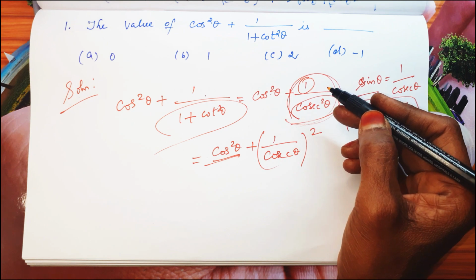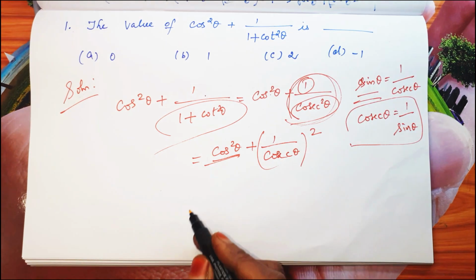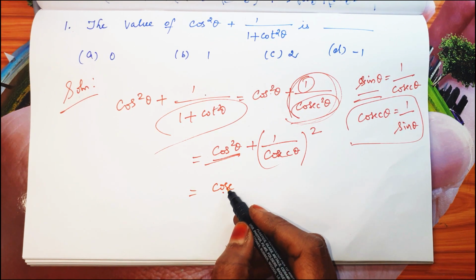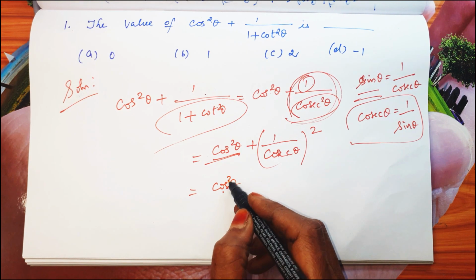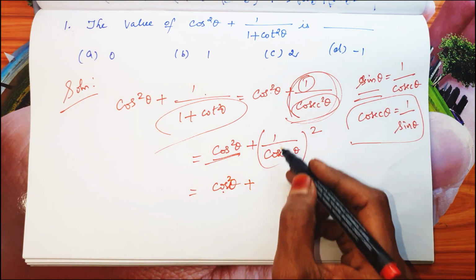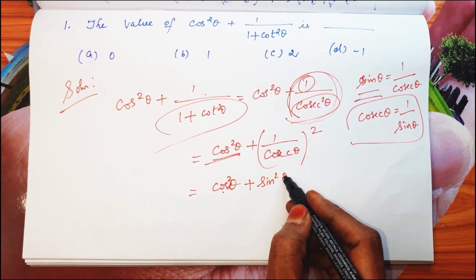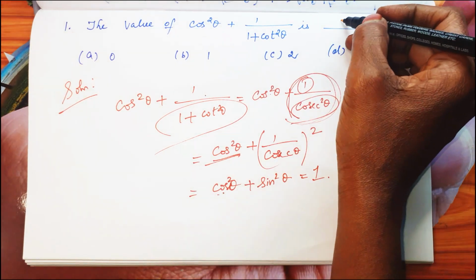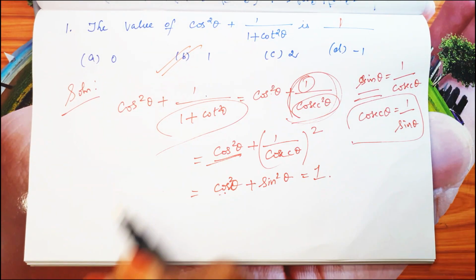So I am rewriting in this way. Cos square theta plus this is sin square theta. So cos square plus sin square is 1. So the answer for this problem is 1, which is B.